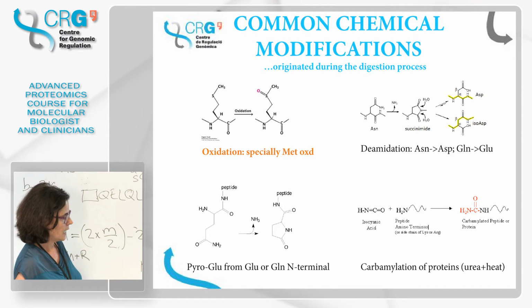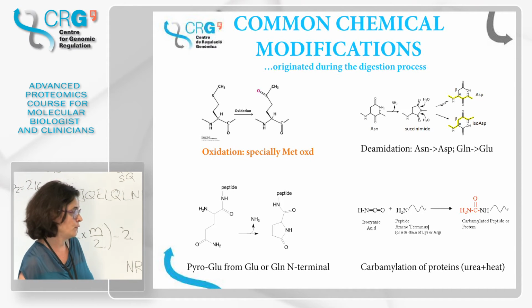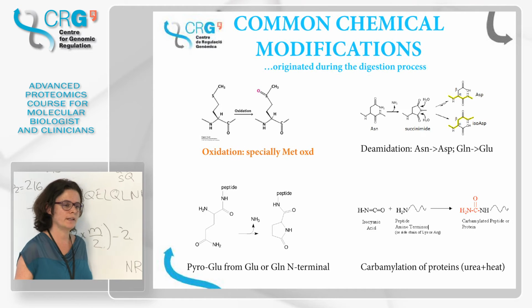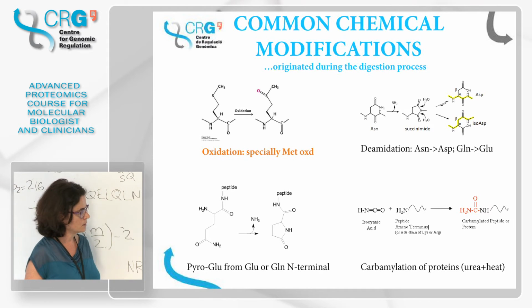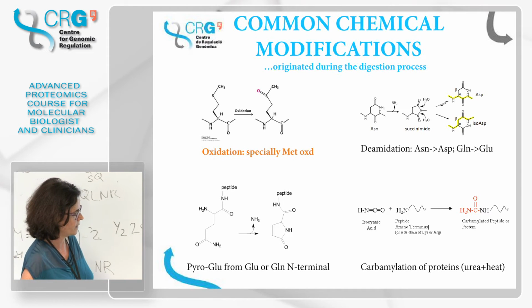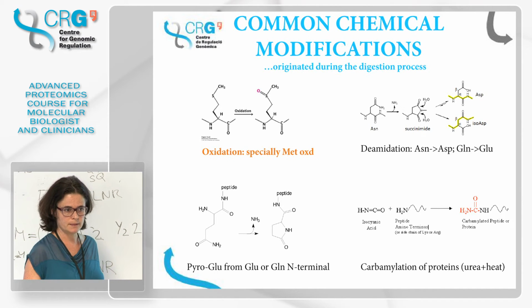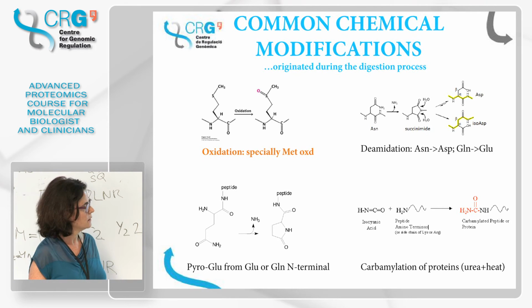Also, if you use urea, you need to be very careful if you heat, because you can form carbamylation, which is this isocyanic acid that comes from the urea, especially when it's not very freshly prepared. It decomposes to isocyanic acid, and it can react with a peptide or protein to form a carbamylated peptide.